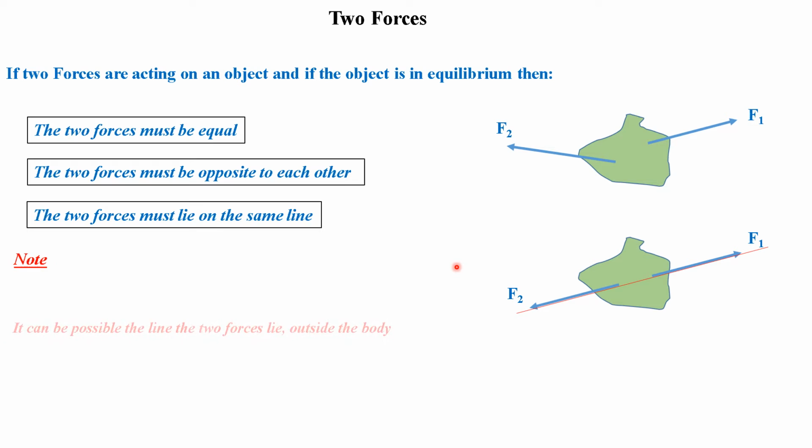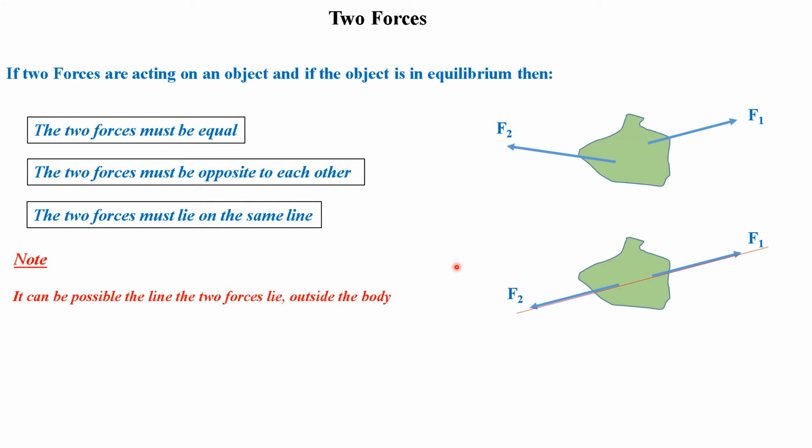In practice, the line of forces on which both forces lie does not necessarily have to be always inside the object. It can be partially outside the object. Like this example, imagine you have an arc of metal, and this arc of metal is acted upon by two equal and opposite forces.